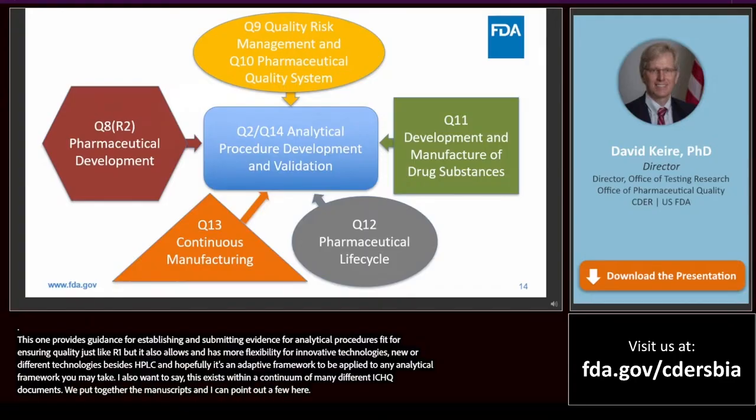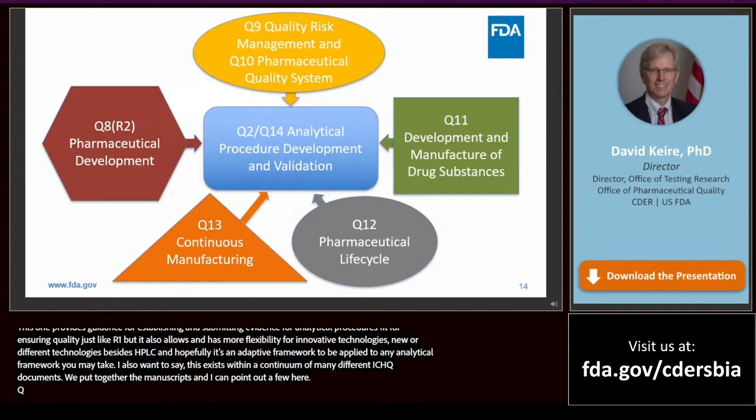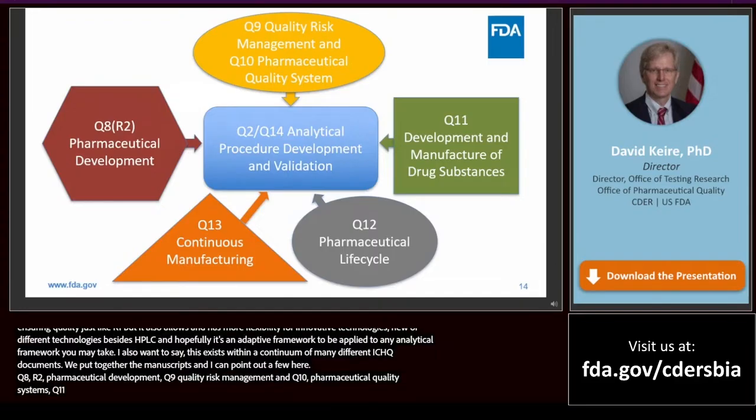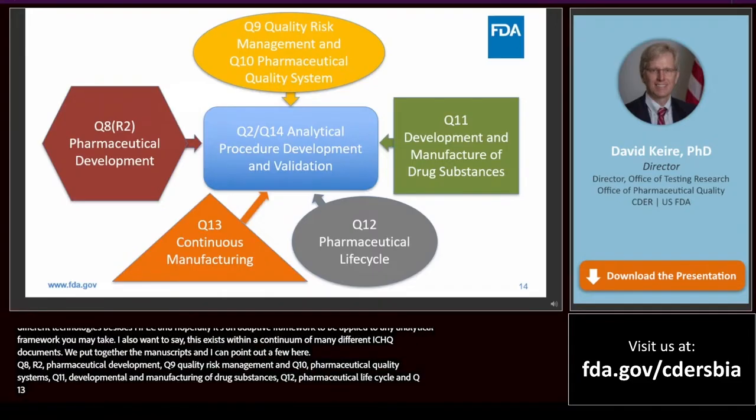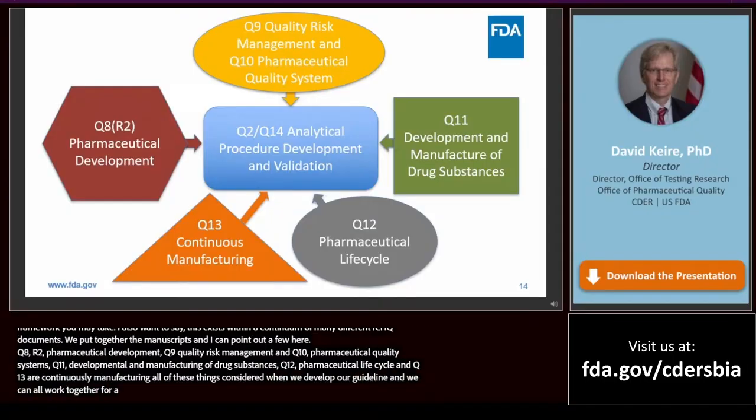Q8(R2) on pharmaceutical development, Q9 on quality risk management, Q10 on pharmaceutical quality systems, Q11 on development and manufacture of drug substances, Q12 on pharmaceutical lifecycle, and Q13 on continuous manufacturing. All of these things were considered when we developed our guideline, and they all work together for a common goal of assuring drug quality.